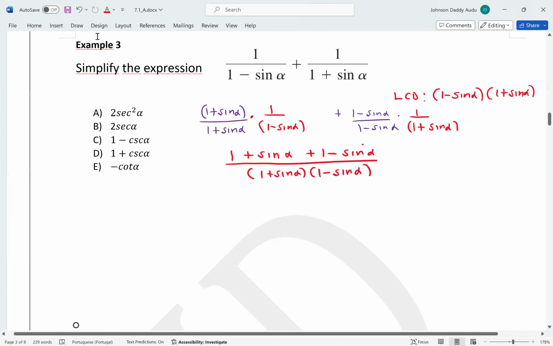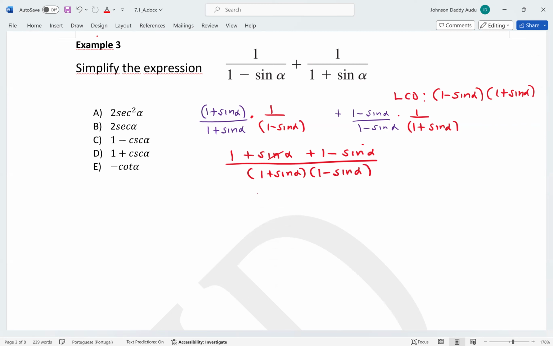So if we simplify, this and this will go. So we have 2, because sine alpha minus sine alpha cancels. So we just have 2 over 1 plus sine alpha times 1 minus sine alpha.